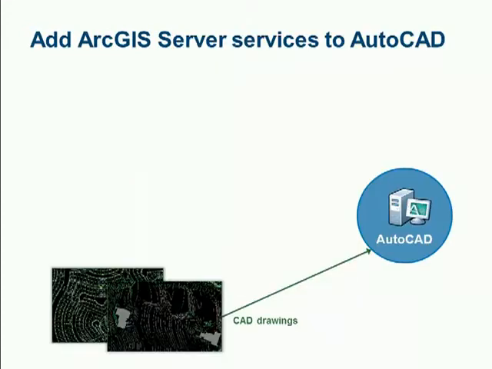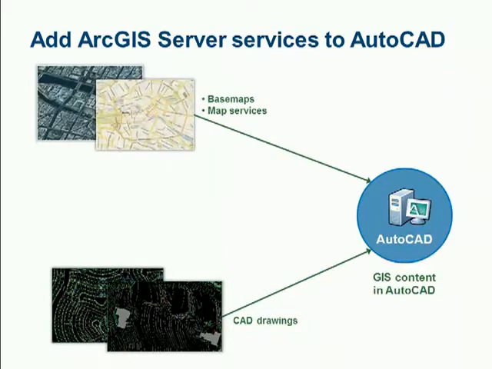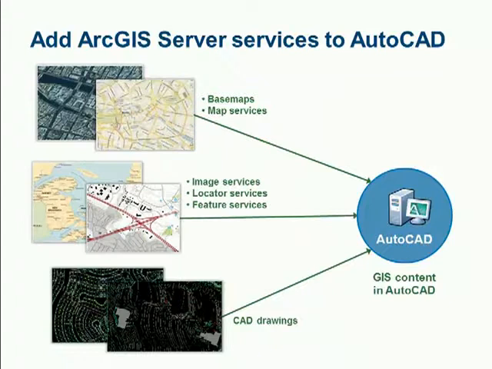Now, when we're working in AutoCAD, you of course have the CAD drawings. As just mentioned, services can be added for visual context and information. These would be base maps and map services. With recent releases of ArcGIS for AutoCAD, even more service types can be used within AutoCAD. Image services provide further imagery for viewing.